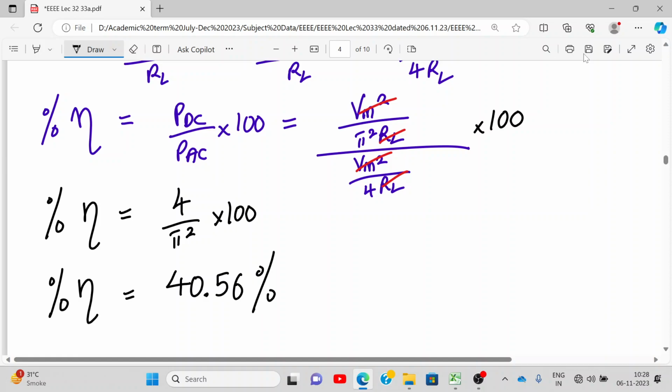So this is the rectification efficiency of a half wave rectifier. So please note it down. This is for half wave rectifier.